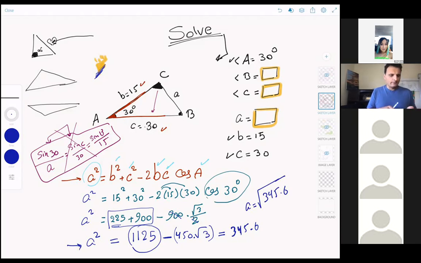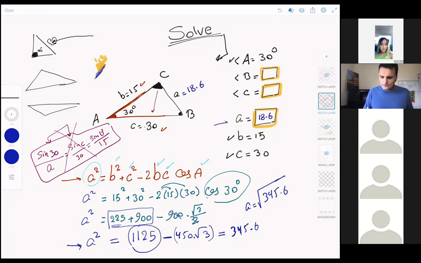You guys can tell me if you have a calculator. The answer is approximately 18.6. So we got the length of A will be 18.6.